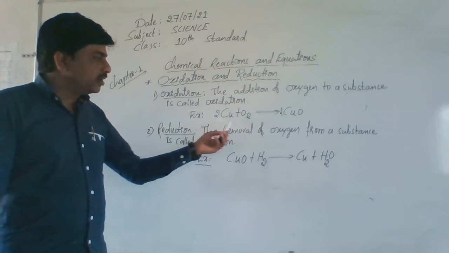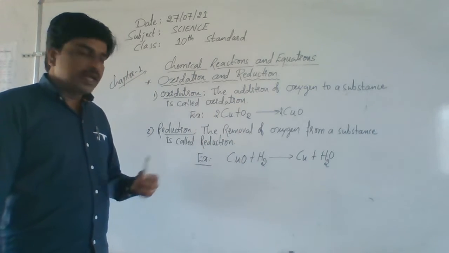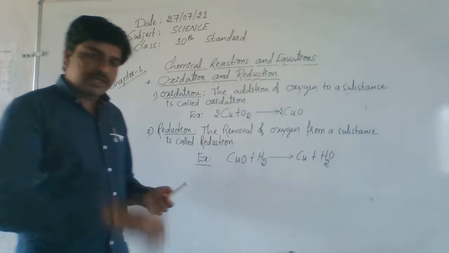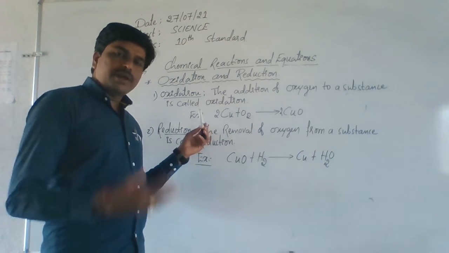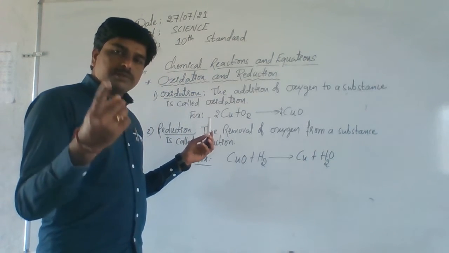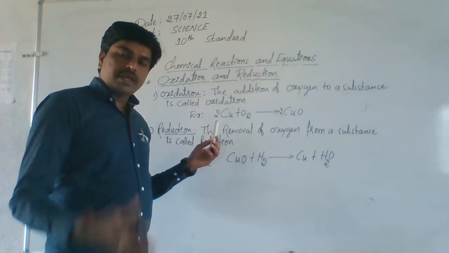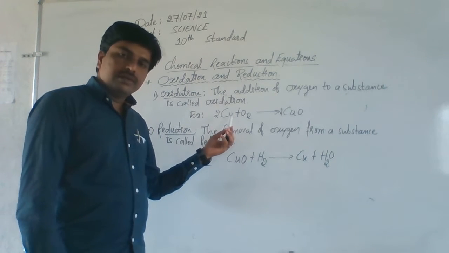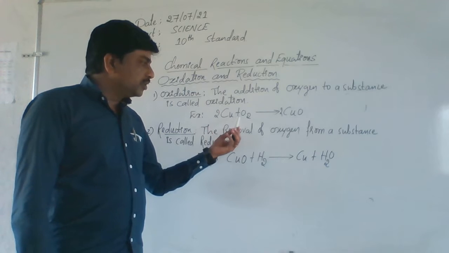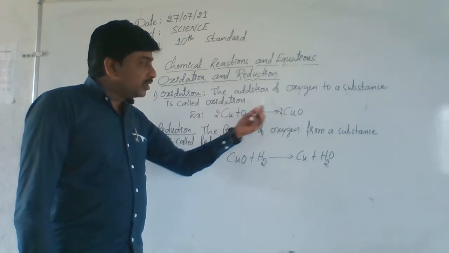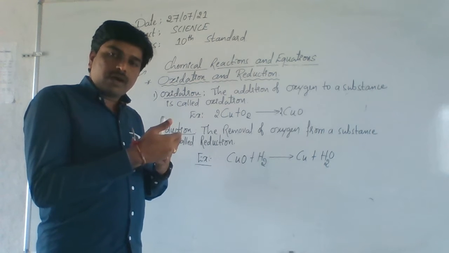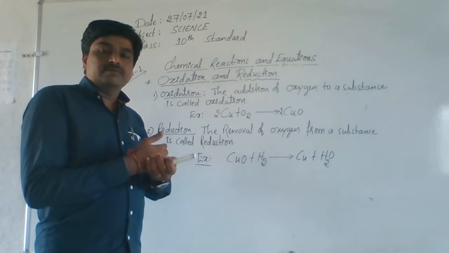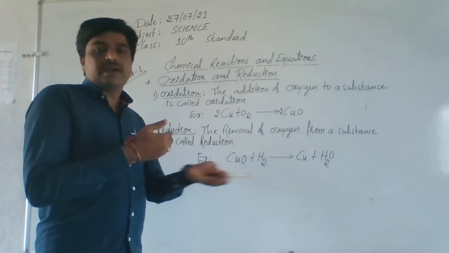Here also I have written an example reaction. Just take copper and heat it. Already you know that copper is brown in color. Yes or no? Take copper powder and heat it well. When it burns with oxygen, the copper becomes black in color. The brownish color of the copper turns to black. Why does it turn black?